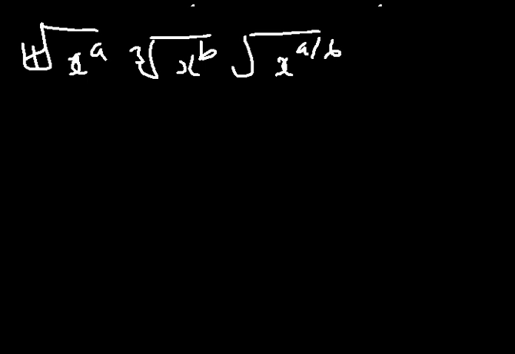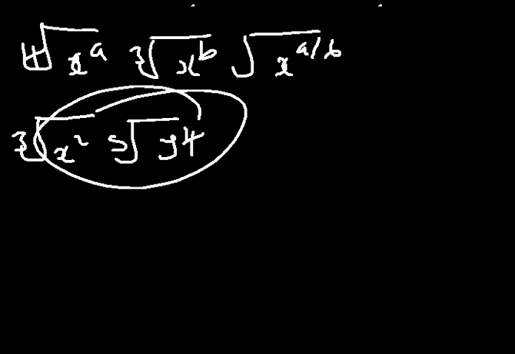So what is the principle behind that? And you should also understand this case: the cube root of x to the power 2, times the 15th root of y to the power 4. Try to work it out on your own. Thank you.